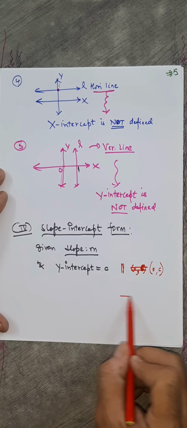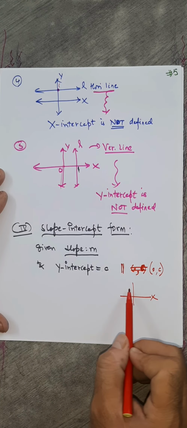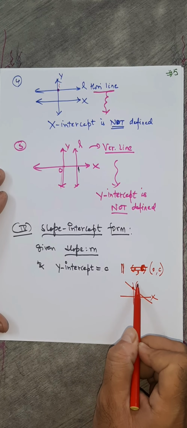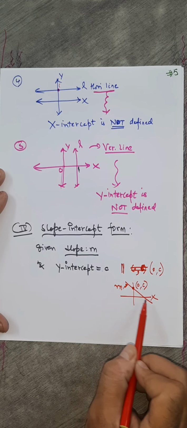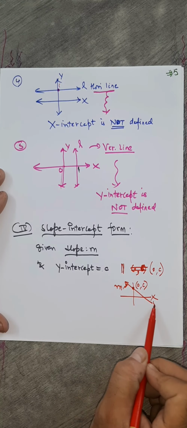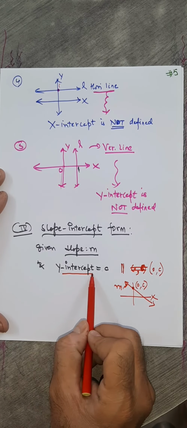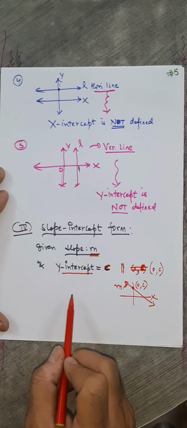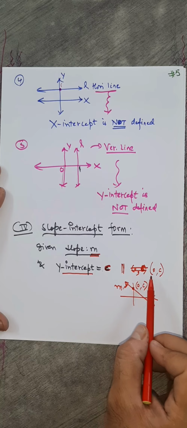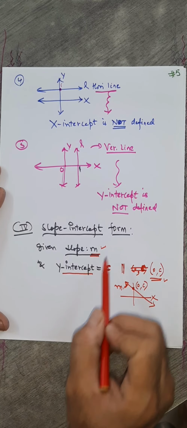So the line may be like this. For example, this. This is given to you: 0, c. Got it? And the slope is also given to you. What is the y-intercept? Small c. And what's the slope? That is small m. So indirectly, as in the first form, you are given a point and slope.